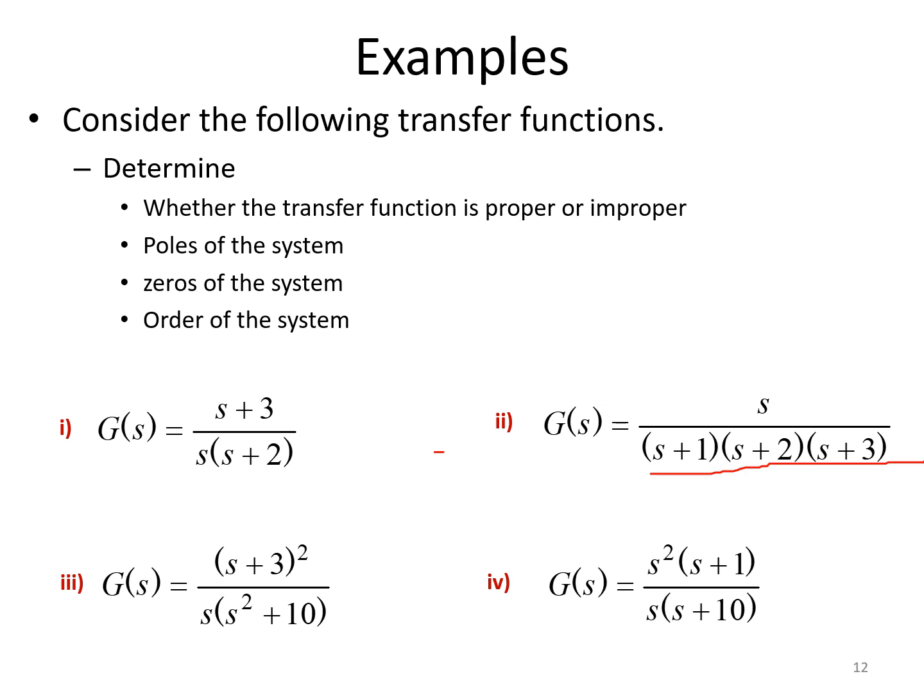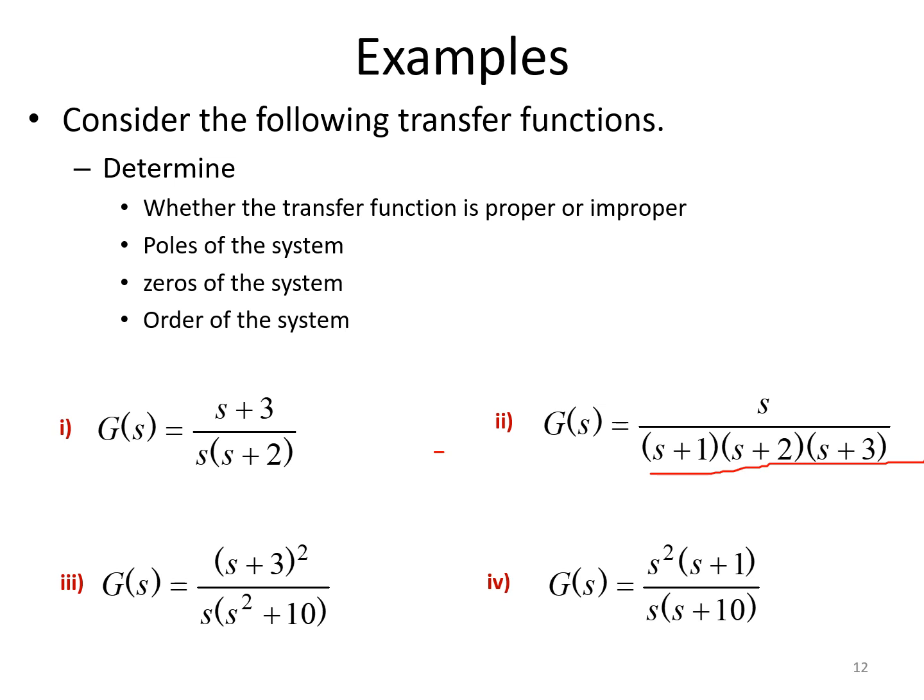It is already factorized. This shows that we have one zero at the origin and three poles at s equal to minus 1, minus 2 and minus 3. The order of the system is equal to 3. This is also a proper transfer function, because the numerator polynomial power is 1 and the denominator polynomial power is 3.